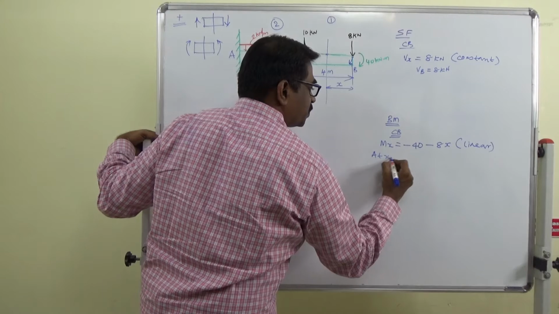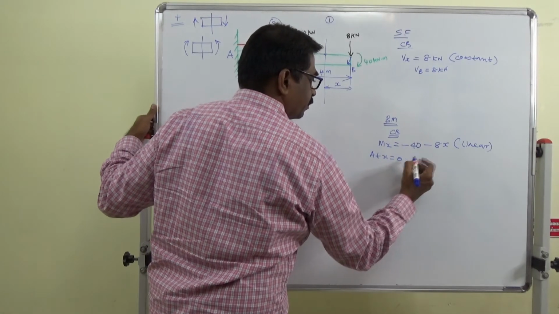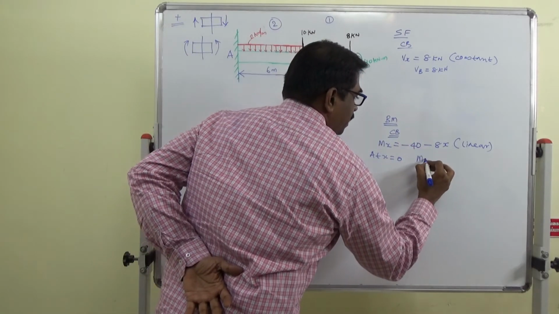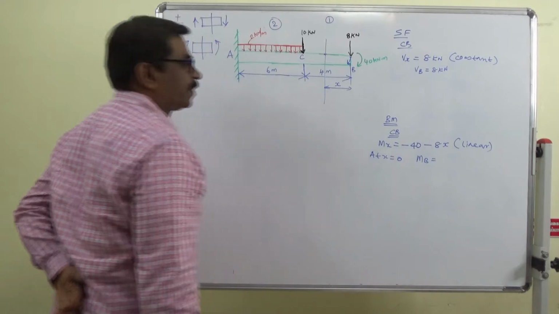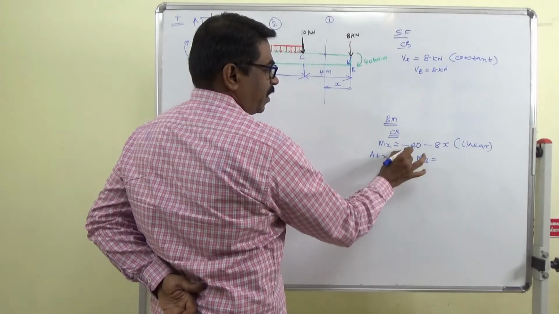At x equal to 0, we are at B, so MB equals, substitute 0, this term will go, 40 will remain.